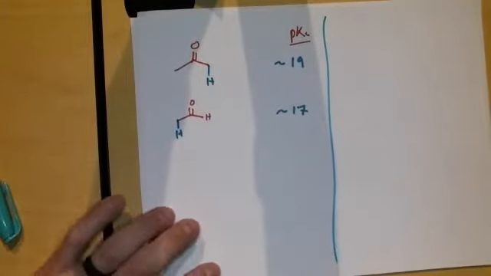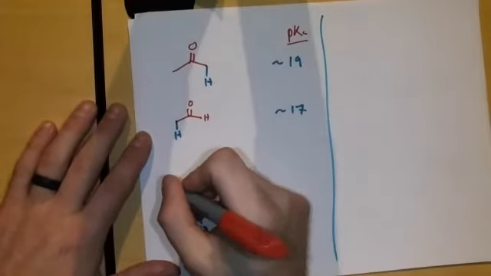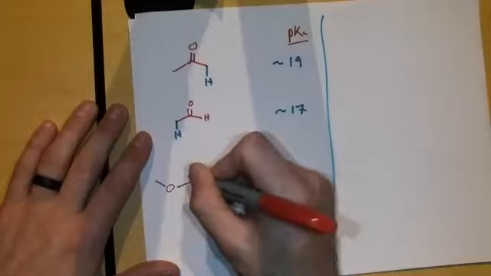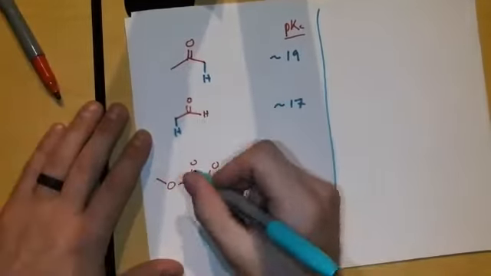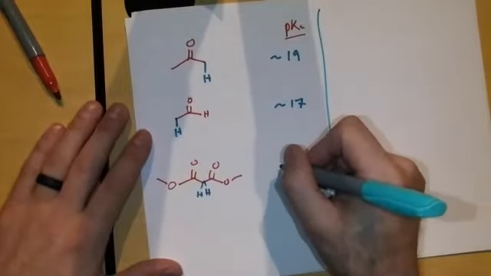If we have a diester, which we're not going to talk about as much today, but we will in the future, these protons here have a pKa of around 13.